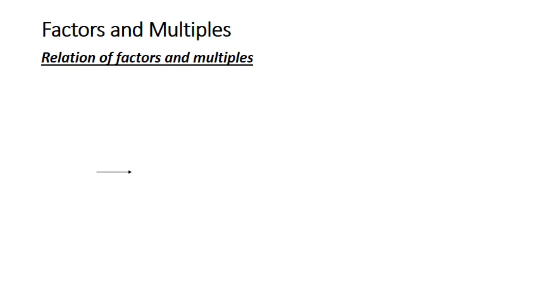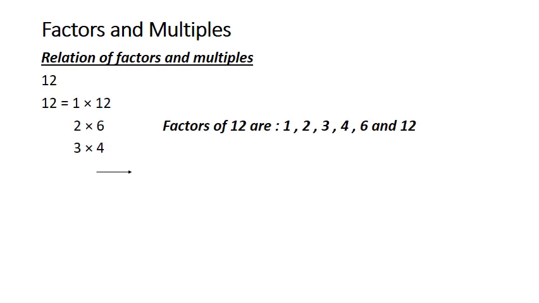To learn about it, we will see one example. By this example, we will see how factors and multiples are connected with each other, and they are not possible without each other.